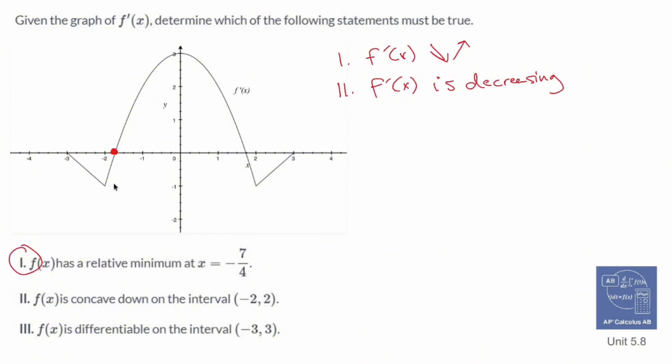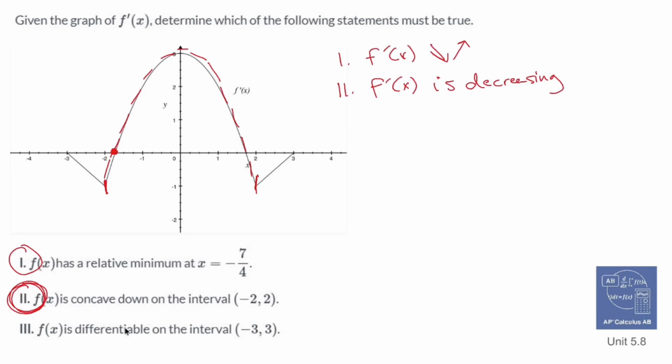Oh, it's talking about the interval negative 2, 2. Well, my slope this whole way is positive, getting more and more shallow, then negative, bigger negative, steeper negative, steeper negative. So since my rate of change is decreasing the whole time, we could say 2 is true.